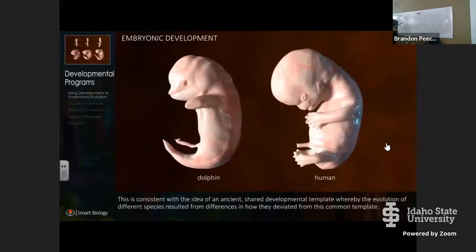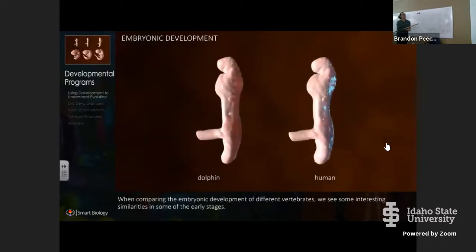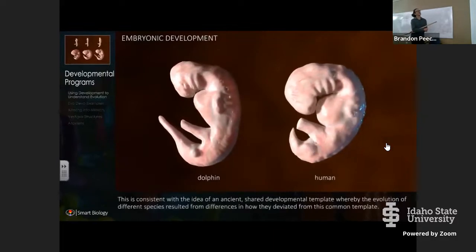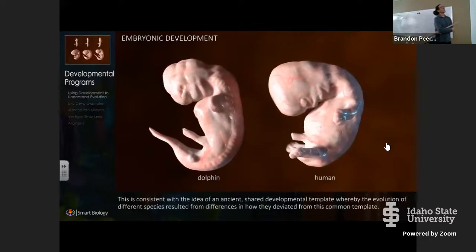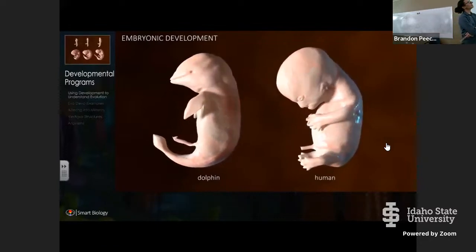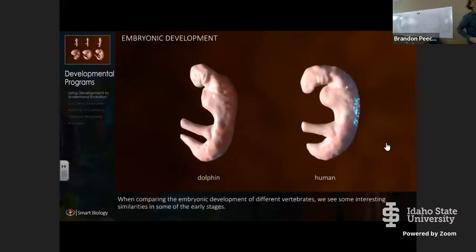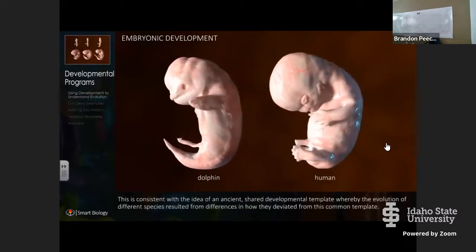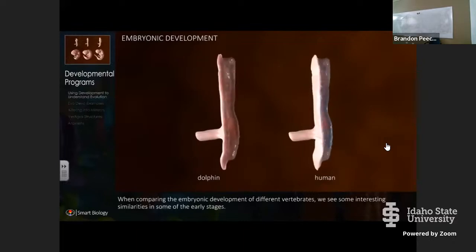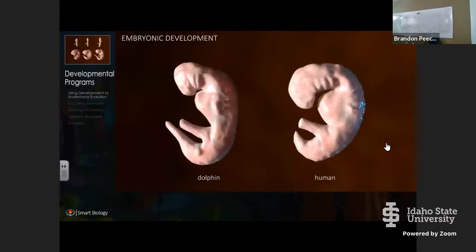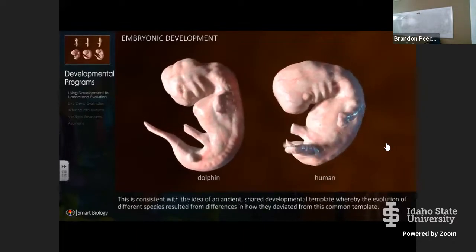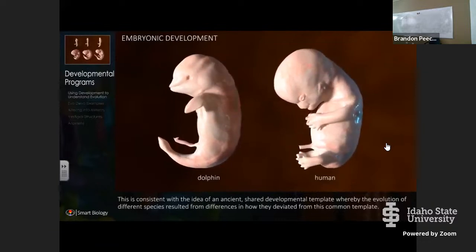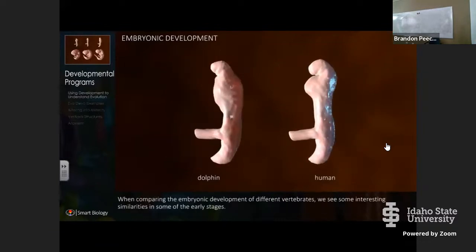Are we noticing anything? The thing that I care that you notice is that this dolphin and this person both at different times have those pharyngeal gill structures with the slits between them. Then of course they go away. I know it's upsetting, but it's also very, very awesome.